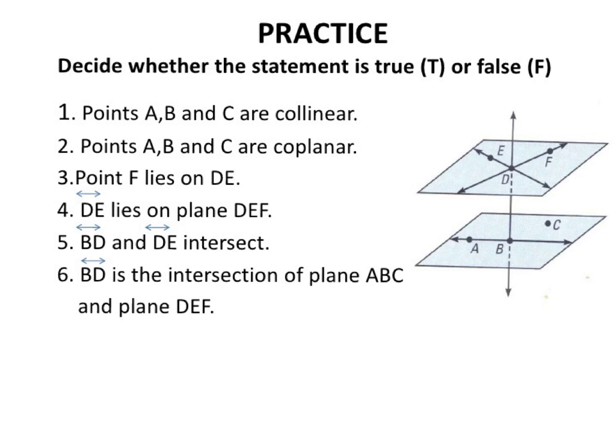Question 3, true or false, point F lies on DE. Question 4, true or false, line DE lies on plane DEF. Question 5, true or false, line BD and line DE intersect. And then lastly, question 6, true or false, line BD is the intersection of plane ABC and plane DEF.